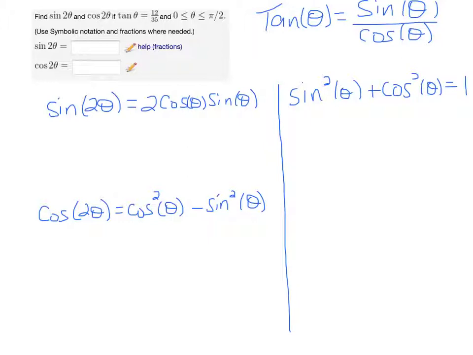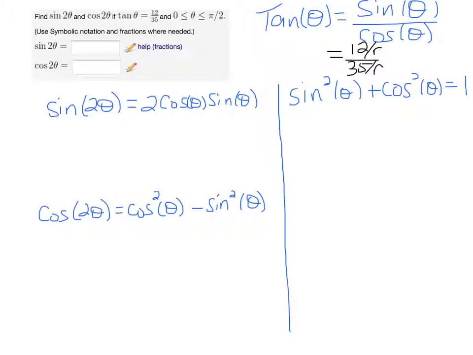If you were to think that the sine theta were 12 and the cosine theta were 35, that would be incorrect because sine and cosine must be less than or equal to 1. So we have to divide these by whatever the radius is in the first quadrant. And we could determine that radius using this identity.